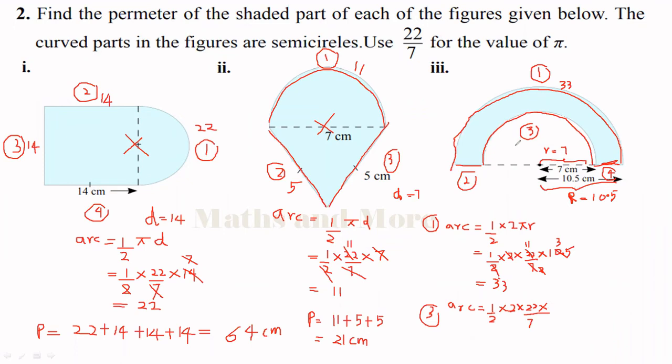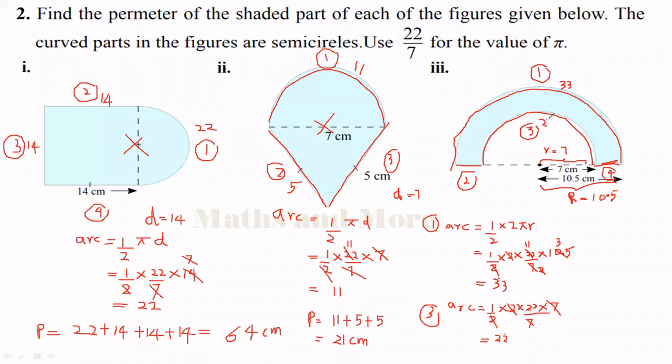Radius is 7 here. In the small semicircle, radius is 7. So put 7 here. Cut this 7 with this 7. Cut this 2 with this 2. So 22 only remains here. Small arc is 22. So you can write here 22.